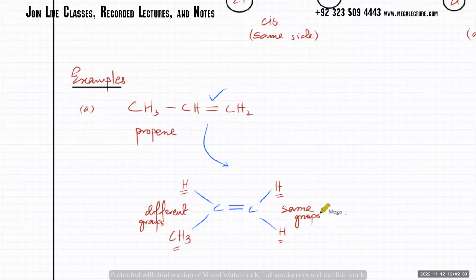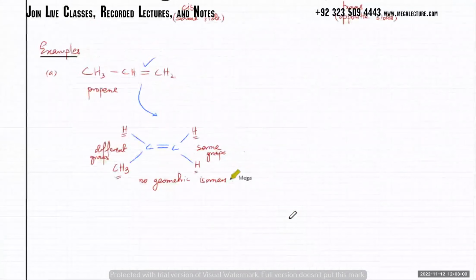So even if there is another molecule where the H's are pointing in the opposite direction, it's still going to be the same thing, right? So no geometric isomers for this one. Is your question clear? Yes sir, that's clear. Yes. Okay, what if I had butene now?